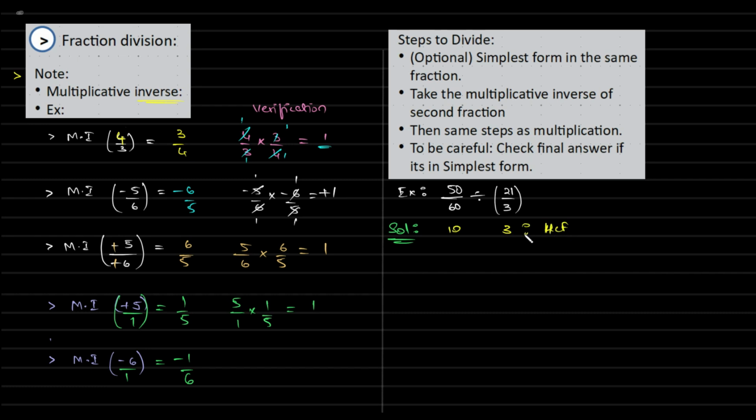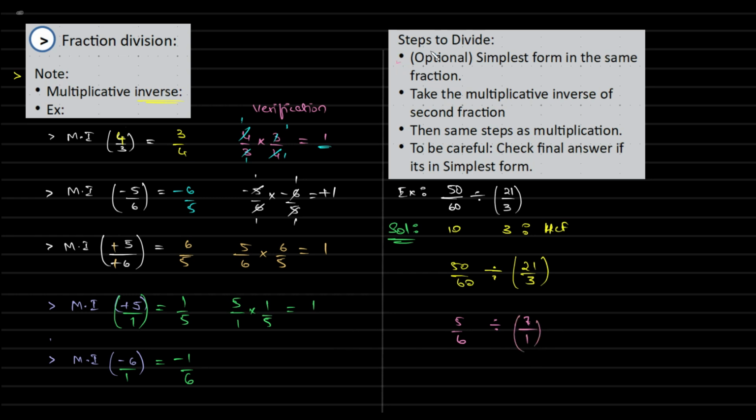Now, what should I do? I have to divide 10 with numerator and denominator. So we have 50 by 60 divided by 21 by 3, right? So just divide 10 over here, 10 over here. So you'll get 5 by 6 divided by 21 divided by 3 is 7. 3 divided by 3 is 1.